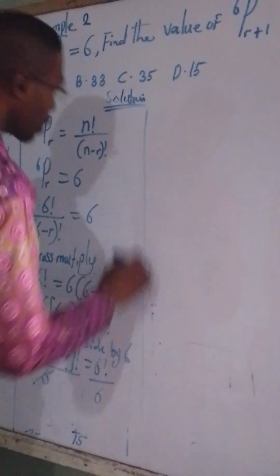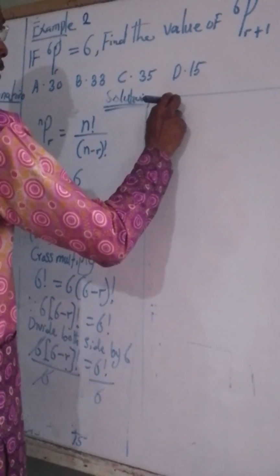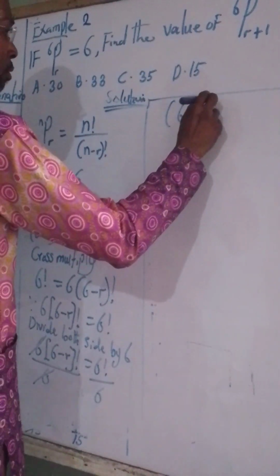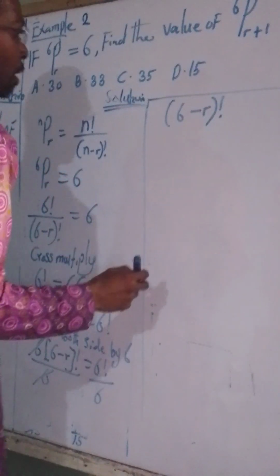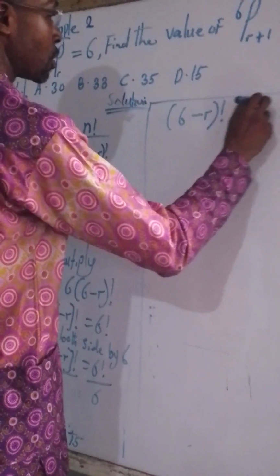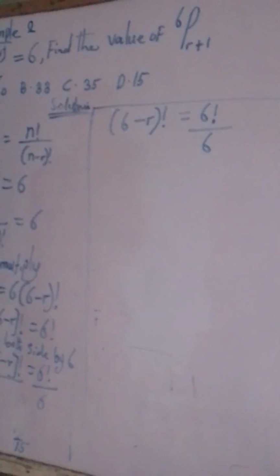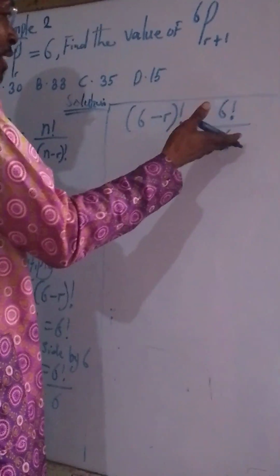From this place, we can move forward. (6 minus r) factorial is equal to 6 factorial over 6.